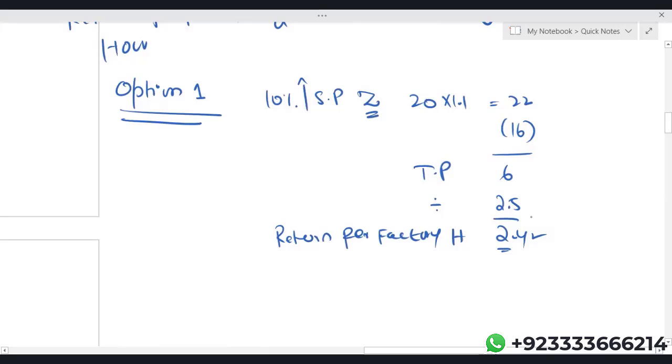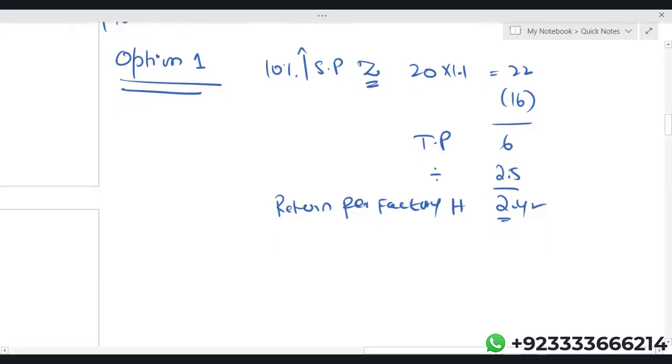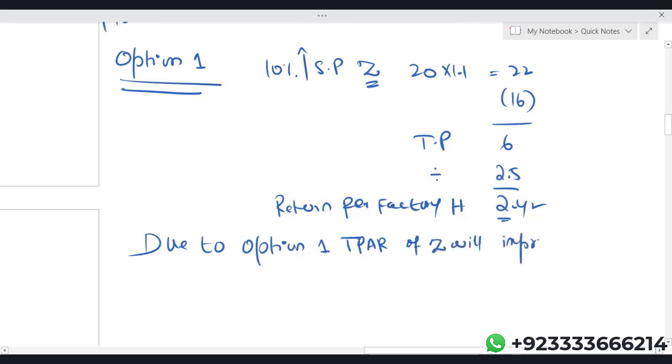If this is the case, then Z will be more beneficial than X. If I implement option 1, this will definitely improve the throughput accounting ratio of Z, and now Z is better than X.